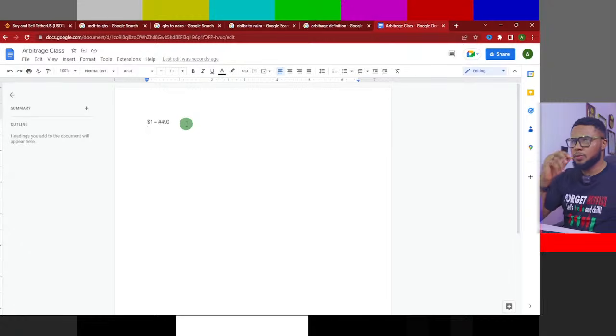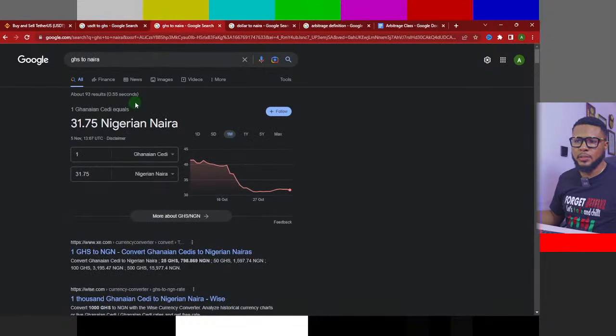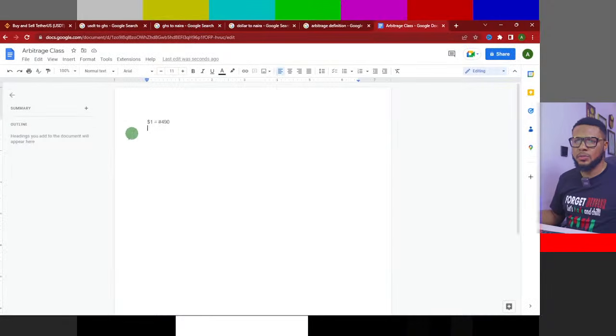But first, we need to know how much one Ghana cedi is in Nigerian naira. I don't know today's bank rate or black market rate, but we're going to put that into consideration as well. One Ghana cedi is 31 naira 75 kobo. So let's also put that here.